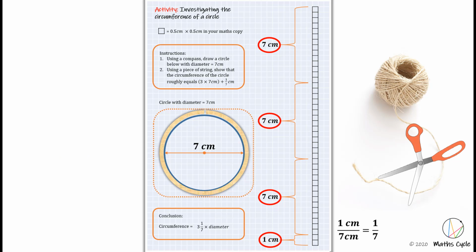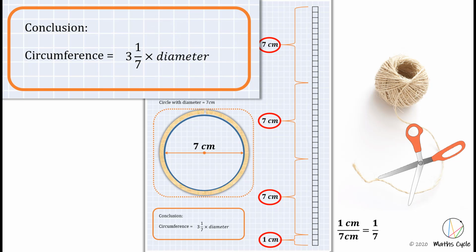So our circle has a diameter of 7 centimeters, and we have just wrapped around a piece of string that is 3 groups of 7 centimeters and 1/7 of 7 centimeters. So our conclusion here is that the length of the circumference of our circle is 3 1/7 times the diameter.